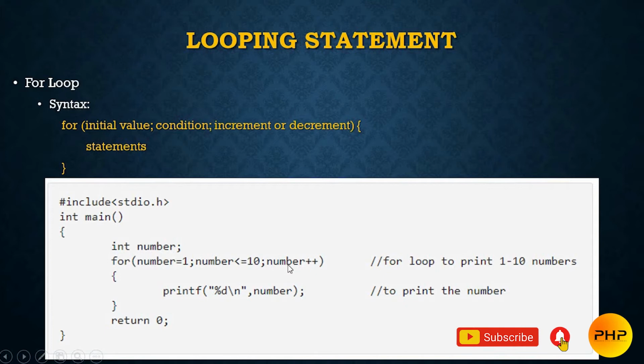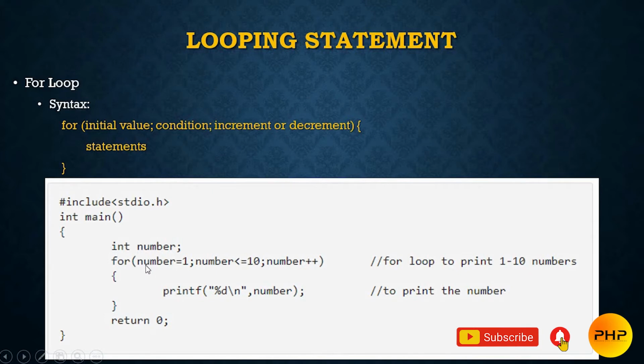Going forward, when we start the programming, I will explain number plus plus and all those things in detail very soon. But this example is for you to understand these key terms: initial value, condition, statement, and increment or decrement.